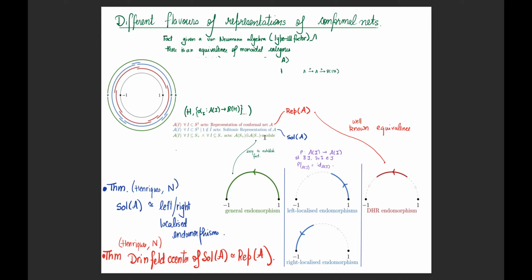This is a theorem very special to the case where you had taken your conformal net to be the WZW net corresponding to the loop group. Whereas for a general conformal net, when I write Sol of A, I don't need to put any positivity assumptions on that. So I could have just written this to be representations of A for the loop group conformal net, and then I did not have to worry about what positivity condition I had to write.